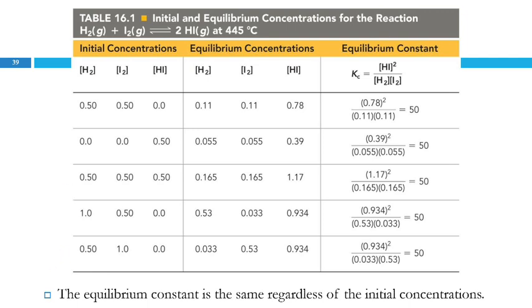When it gets to equilibrium, the equilibrium constant is always the same, provided you didn't change the temperature. So this equilibrium constant being 50 doesn't tell us what these numbers are, but it gives us information about the relationship of them. That make sense?